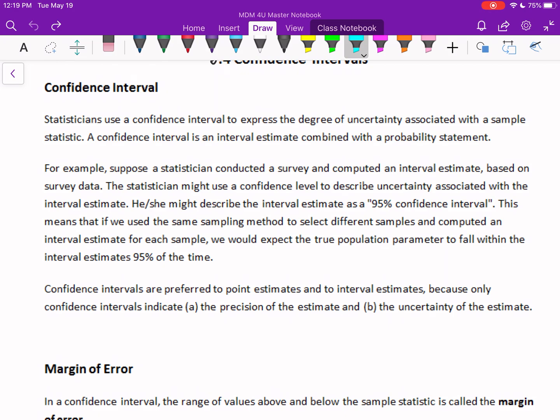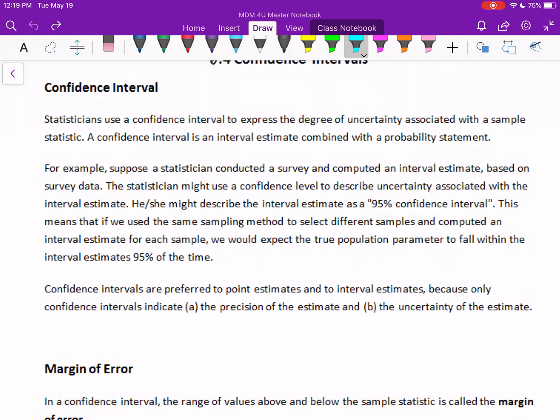So a confidence interval is a way of saying, okay, I think that such and such is going to happen. Maybe if I take a baseball game, maybe I am 90% certain that there's going to be between 10 and 15 hits in a baseball game. I'm just making this up off the top of my head, but just to give you an idea.